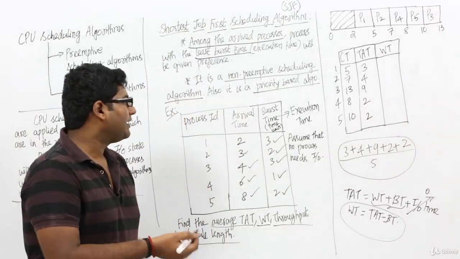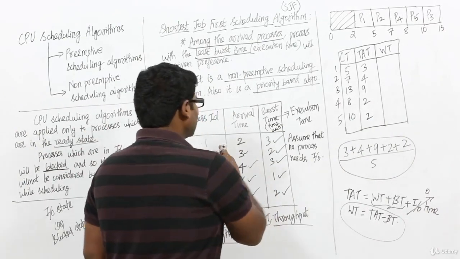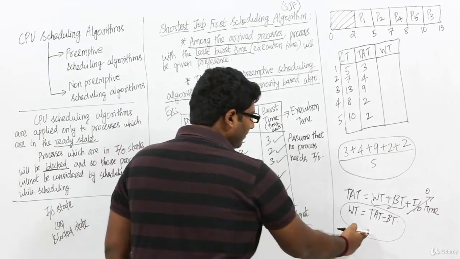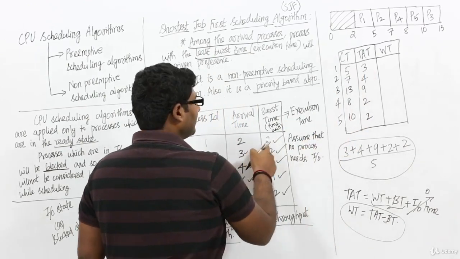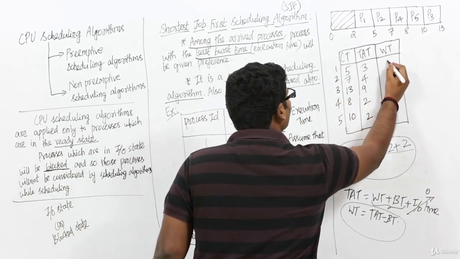Now let's compute the waiting time. Waiting time of process P1 is turnaround time minus burst time, right? Turnaround time is 3 and burst time is 3, so 3 minus 3 is 0.